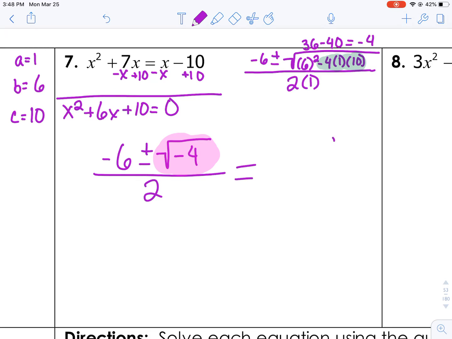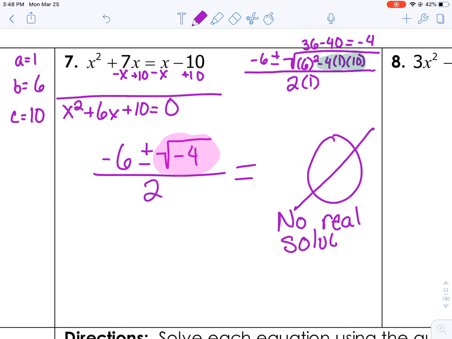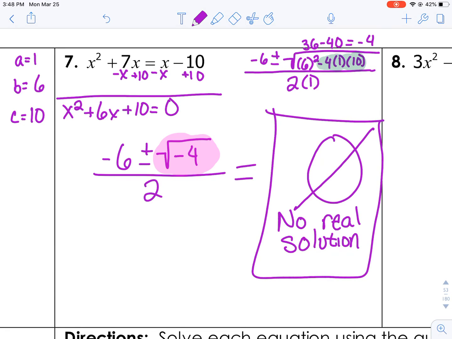So my answer would be this 0 with a slash through it. I can write no solution. I'm going to write no real solution. And that is my answer.